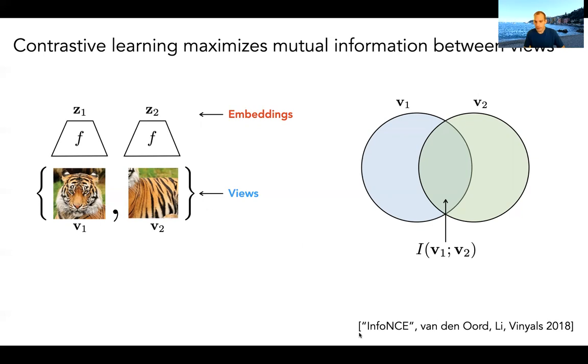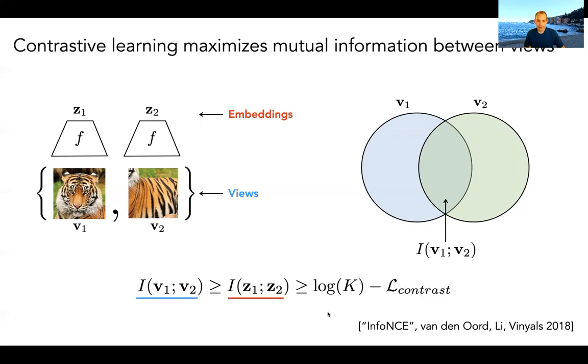And what they showed in the InfoNCE paper is that the contrastive objective, the same one that I showed before, is a lower bound on the mutual information between the embeddings of the two views.